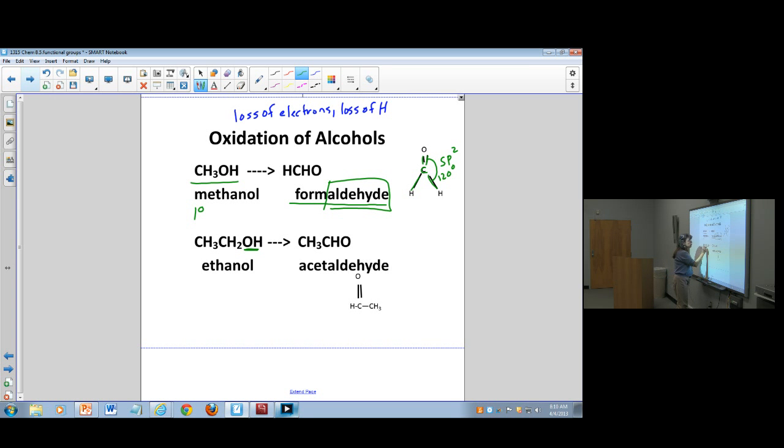Again, the alcohol group is at the end, and so it's another primary. And in this case, we get acetaldehyde. Notice that this is going to look like this, where I have a double bonded carbon and oxygen, and then I have to fill out the rest to make that carbon follow the Lewis dot rules.